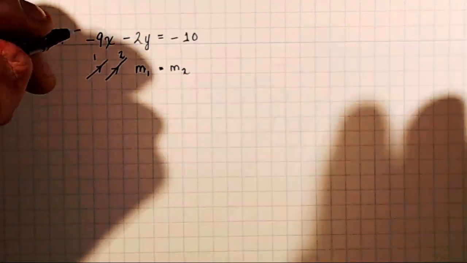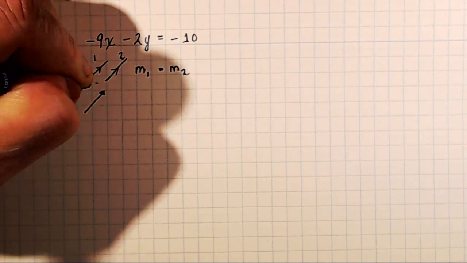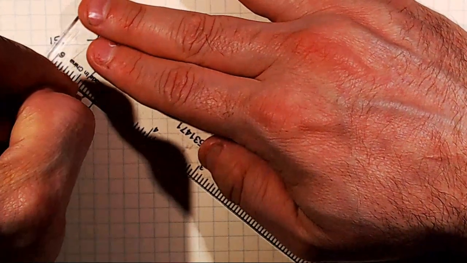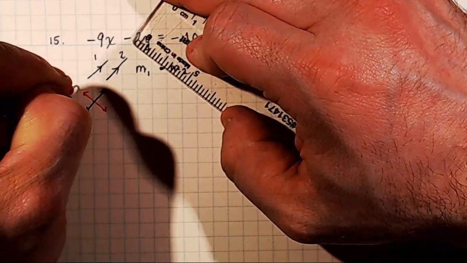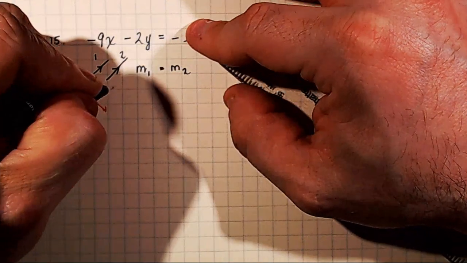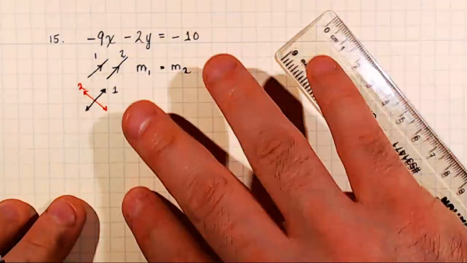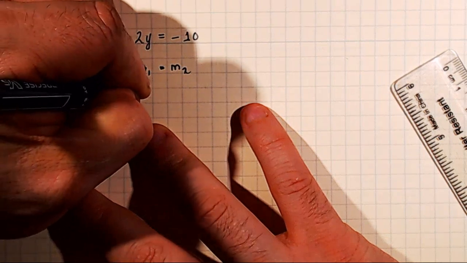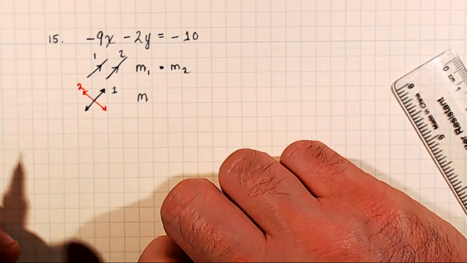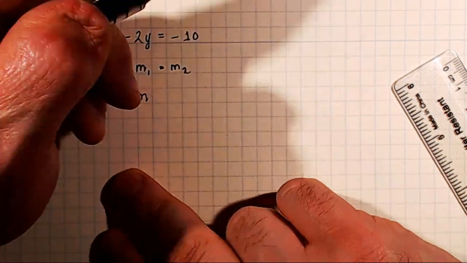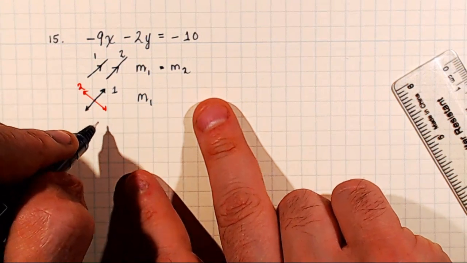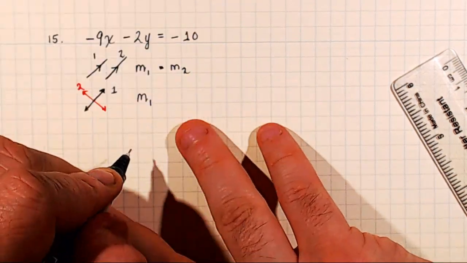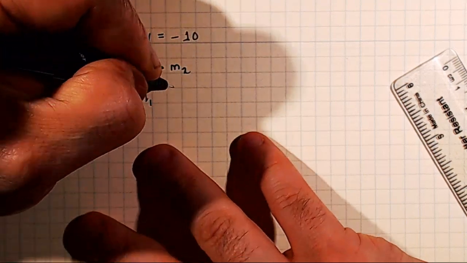Perpendicular is just the opposite, right? So if I have line 1 here, and I find the line that's perpendicular to line 1, line 2, so this is line 2, and this is line 1, then if I want to relate these two slopes, what you do is you transform m by taking the negative reciprocal of the slope of line 1.